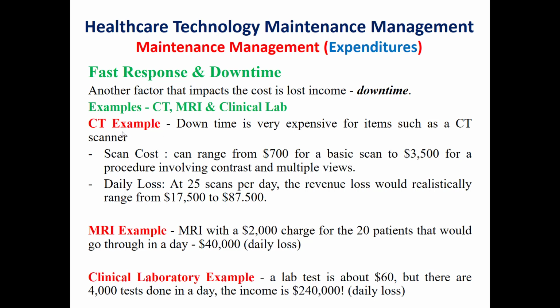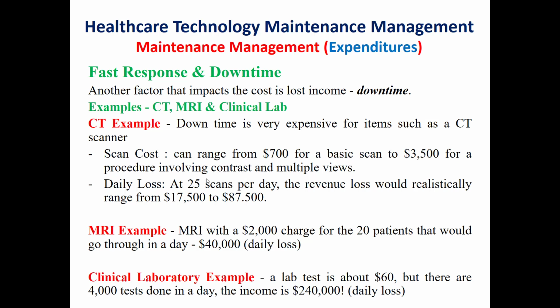In the case of the CT, the scan cost can range from $700 for a basic scan to $3,500 for a procedure which involves the use of contrast and multiple views.